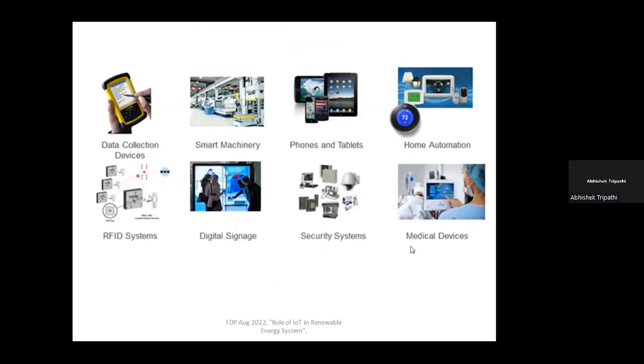We have data collection devices, smart machinery, phones and tablets, home automation, medical devices, security systems. All of these are smart objects, because they are capable of performing some networking, analyzing their energy state, and taking control. They can take control of their resources also.